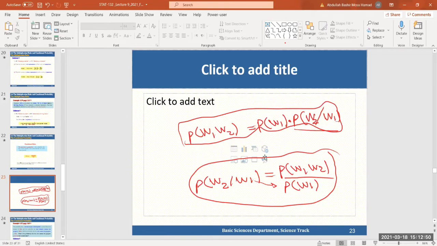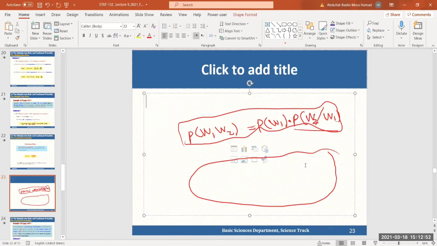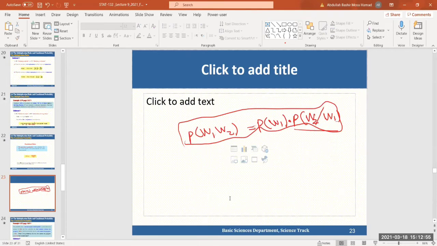Let's try this using A and B in general. P of A given B equals what? Equals P of A and B over P of B. We are asking for P of A, and we know that B is already done, so we can use this.